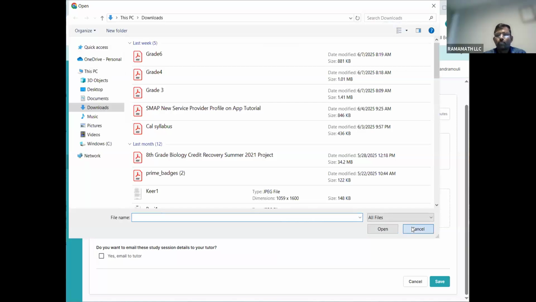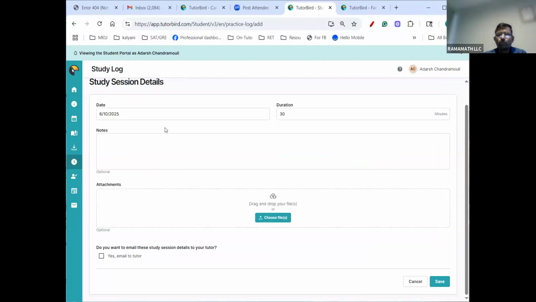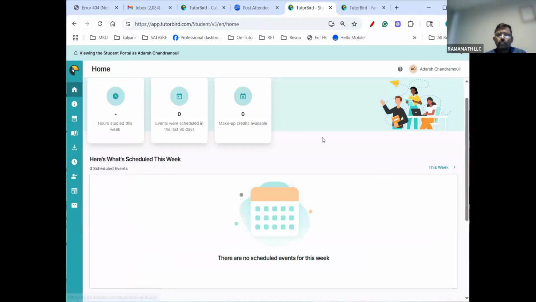That's how you can submit your homework as well. As time goes on, we are going to conduct some quizzes and tests to see where you are in getting ready for the SATs, and if at any point you need help, we can help you out.